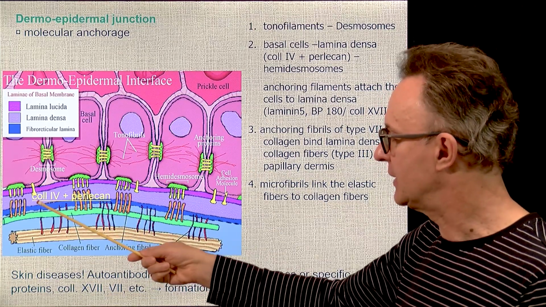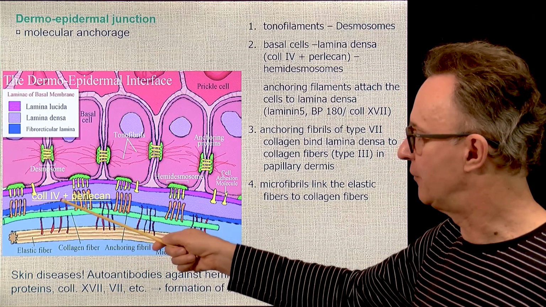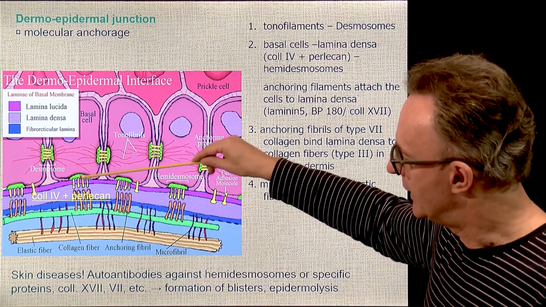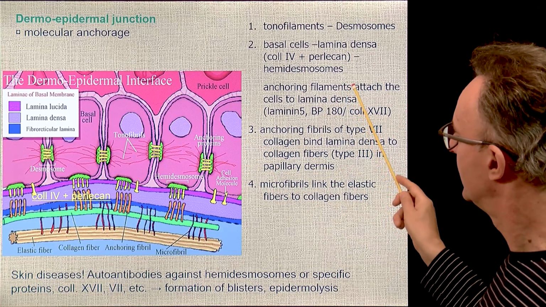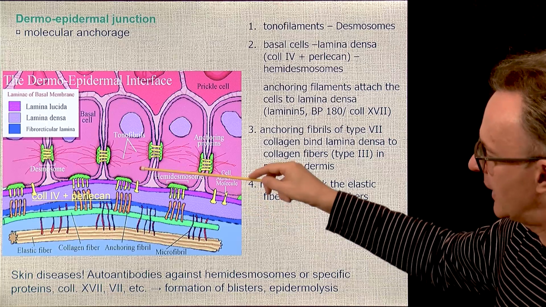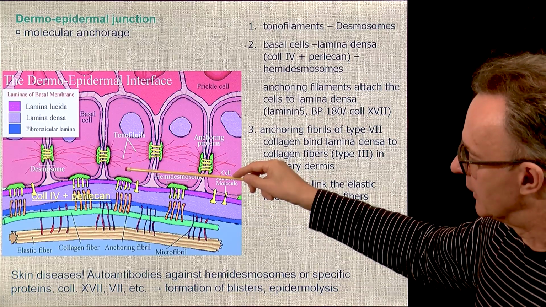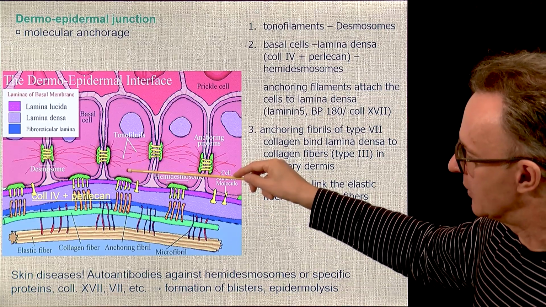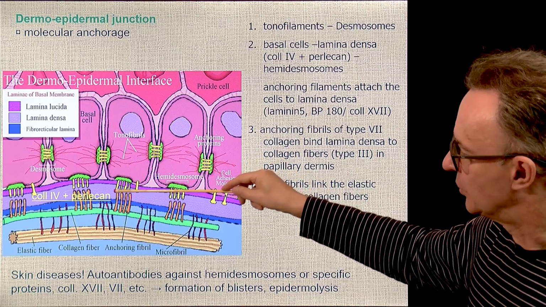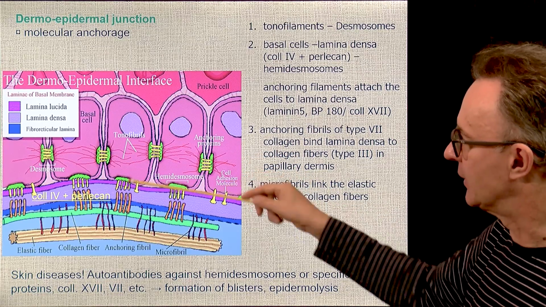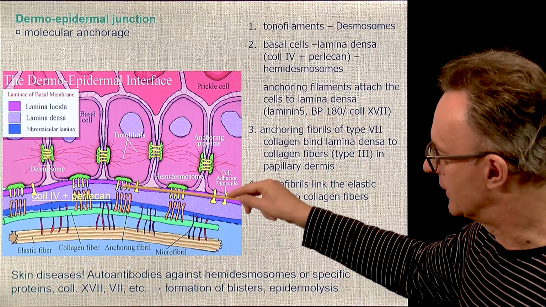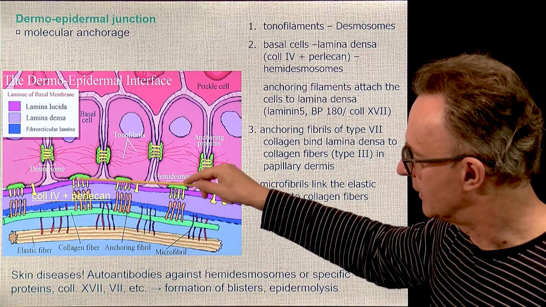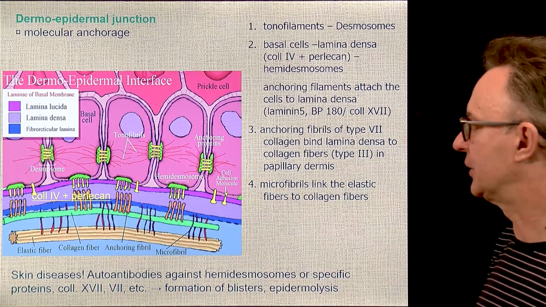The lamina densa contains collagen type 4 and perlecan, and these yellowish anchoring filaments, what you see here, are those couplings which are able to couple the basal part of the basal cell layer to the lamina densa. These are usually laminin or collagen type 17, these tiny light yellow structures.